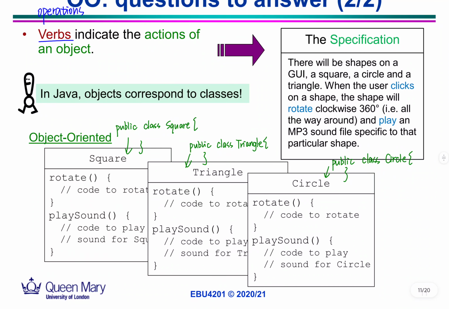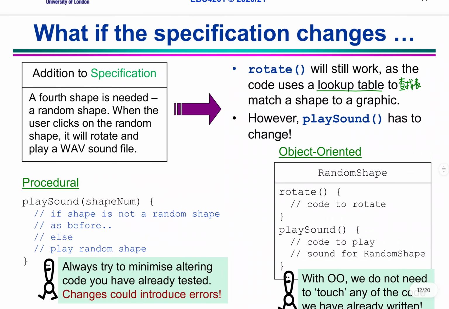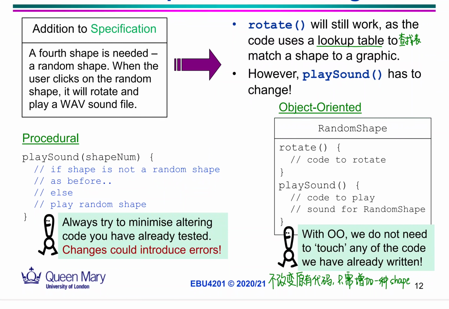Nouns mean rotate, like slots, and then an additional specification: if the specification changes, the application code still needs to change.